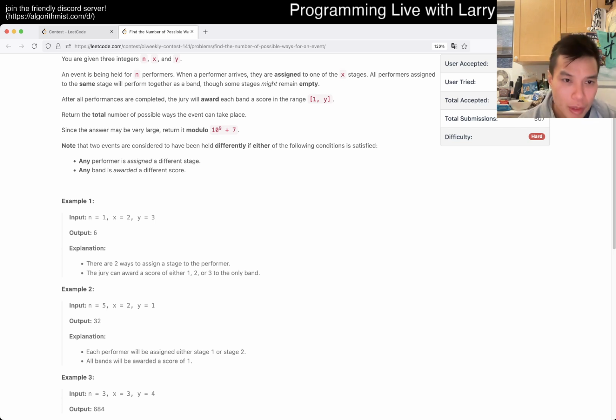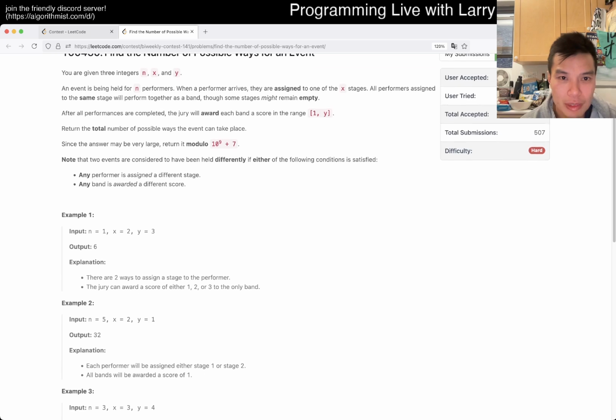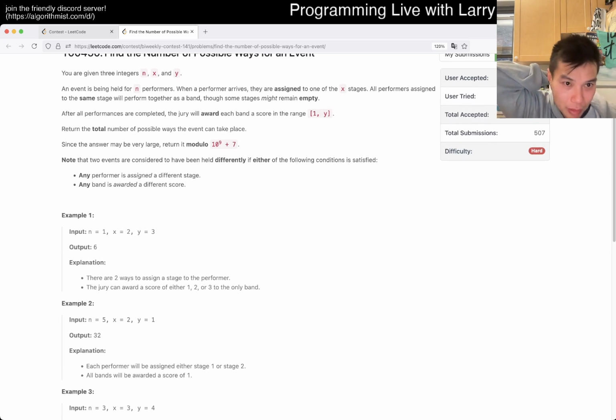Okay, so 1, 2, 3 means that. What does that mean? The score. Any band is what it is. 2 ways to assign a stage to the performer.